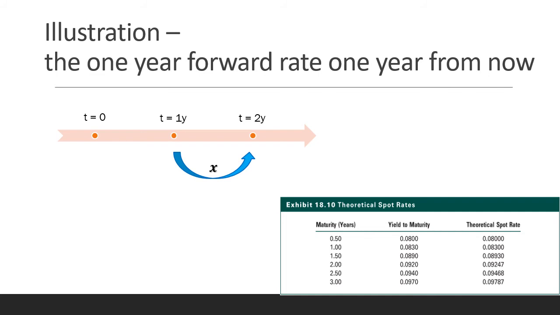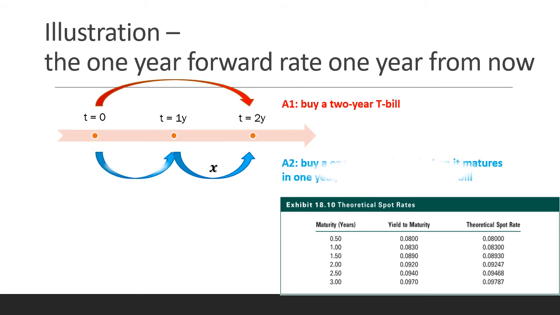To proceed, consider an investor who has a 2-year investment horizon and is faced with the following 2 investment alternatives. Alternative 1, buy a 2-year Treasury bill, and alternative number 2, buy a 1-year Treasury bill, and when it matures in 1 year, buy another 1-year Treasury bill.